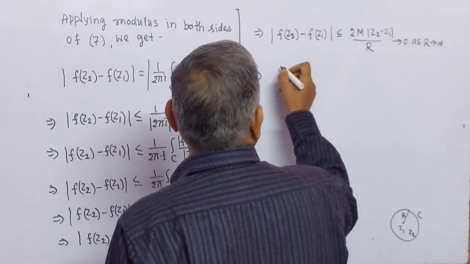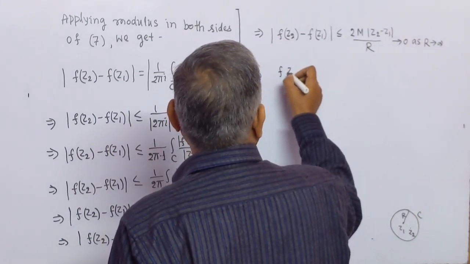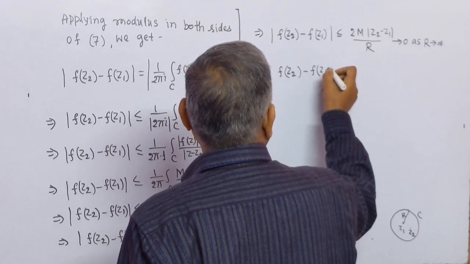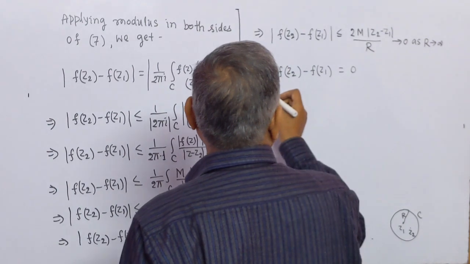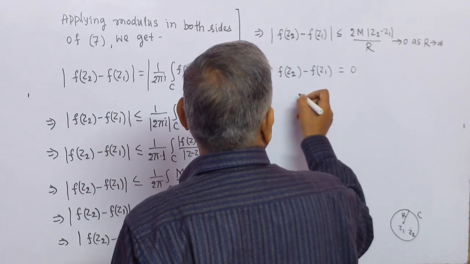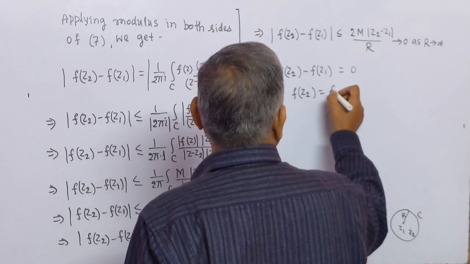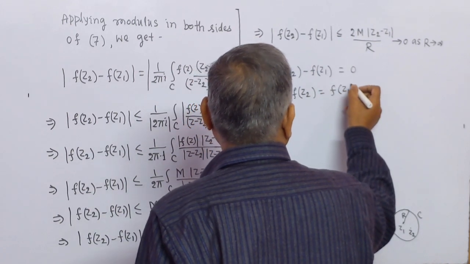This implies that f(z2) minus f(z1) equals 0, which implies that f(z2) equals f(z1).